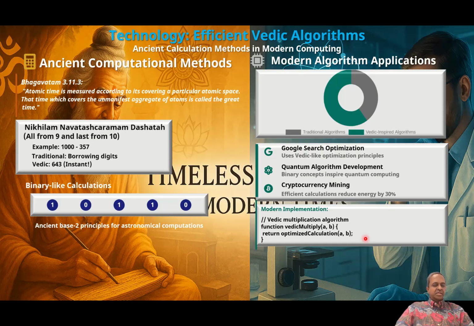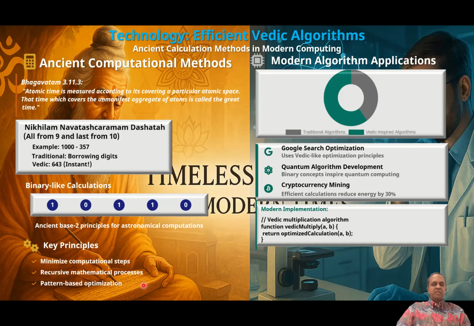So what does this provide from key learnings? The key principles are what? Minimize computational steps, right?